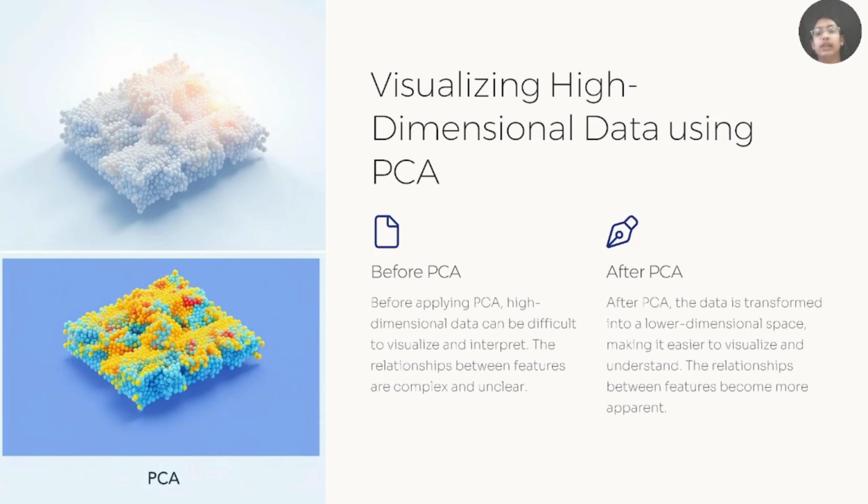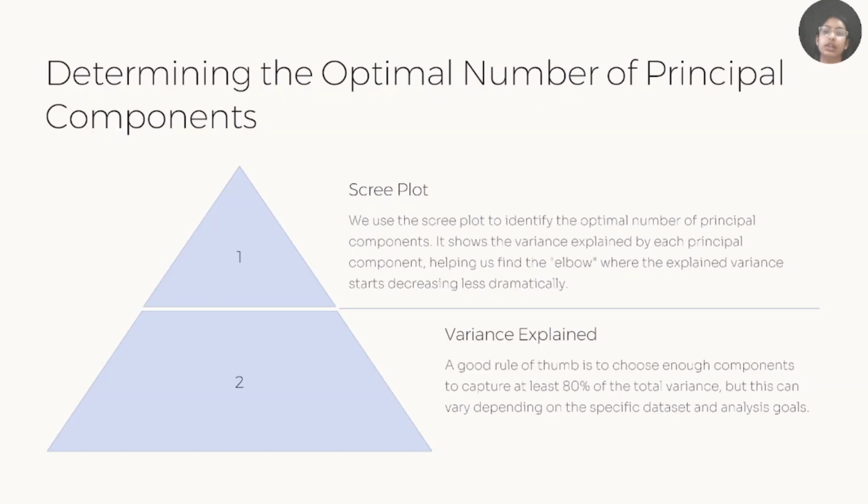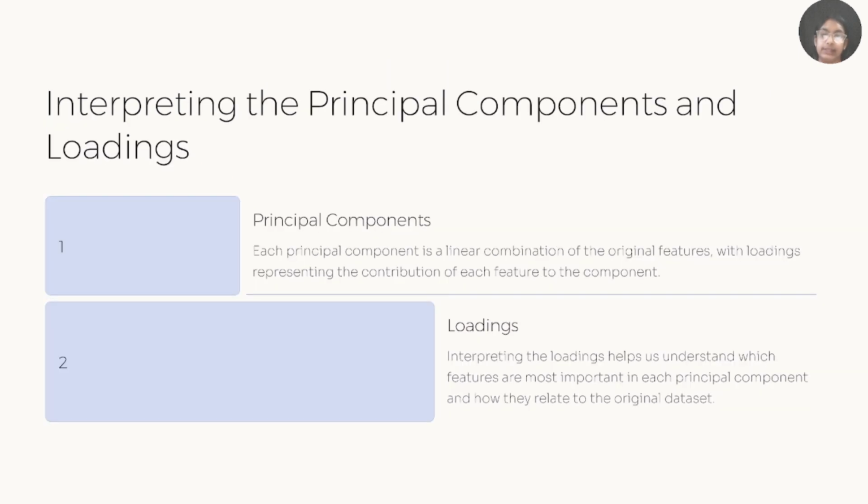It can also help in visualization. In these two images, before and after PCA, it can be very difficult to visualize before PCA, but after PCA it is quite helpful. We can find the optimal number of principal components using a scree plot and variance.